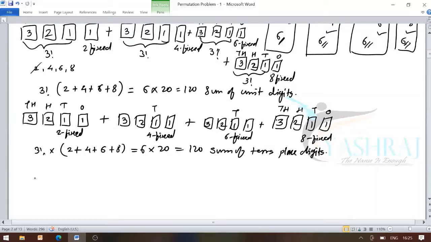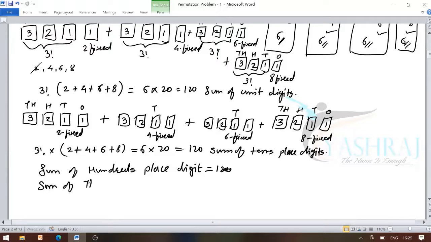Now, the sum of the hundreds place digits, we have again 120, and the sum of the 1000s place digits, again we have 120.